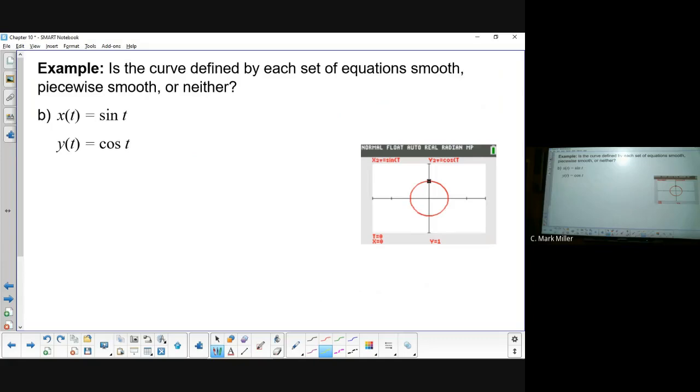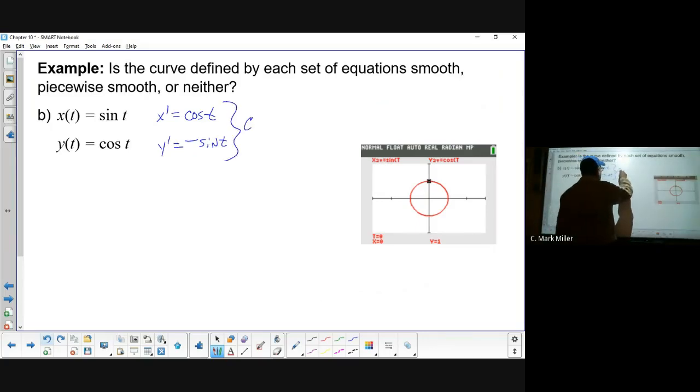So is the curve defined, is it smooth, piecewise smooth, or neither? Well, x prime is cosine t, y prime is negative sine t, and those are continuous everywhere. But there's a second condition.